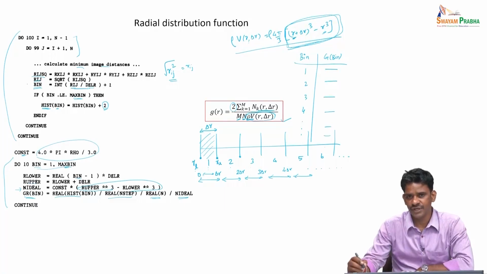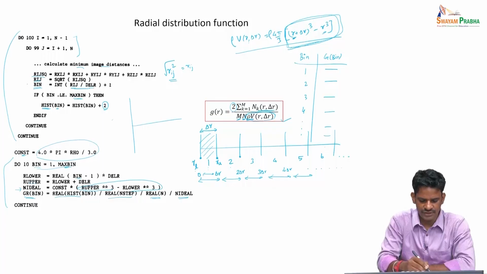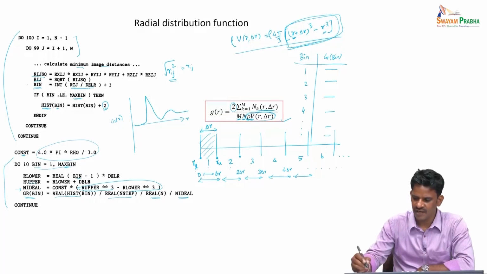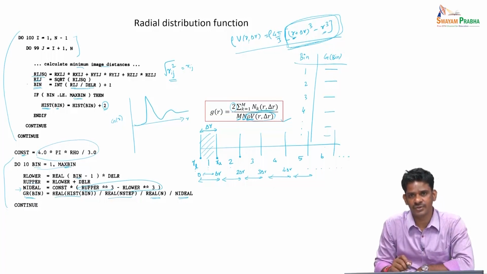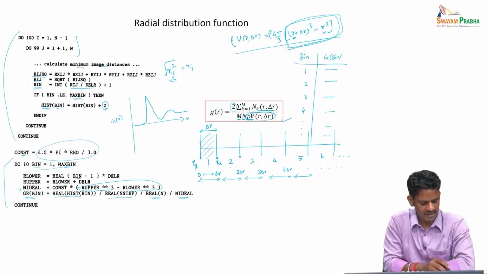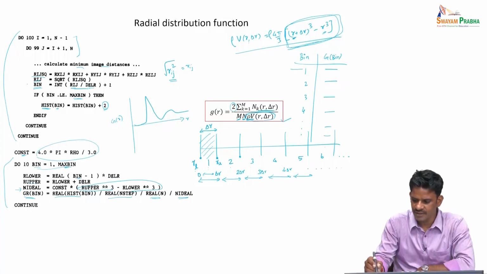But what we also need to do is plot g of r as a function of radius. So it goes something like this. Whereas we don't have r values, we have only the bin index. But if I know the bin index, I know what distance it should correspond to. So for each of these bins, we find r as r lower plus delta r by 2.